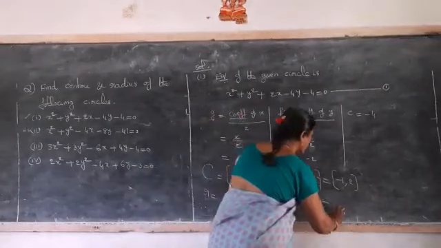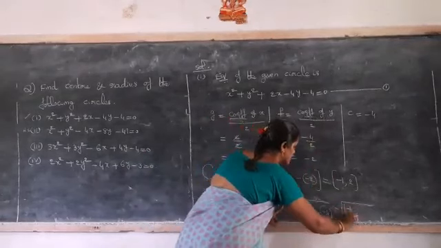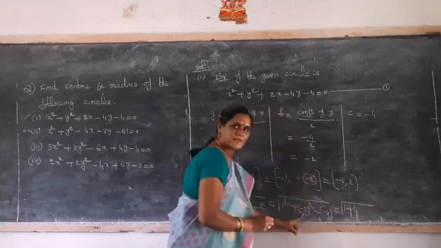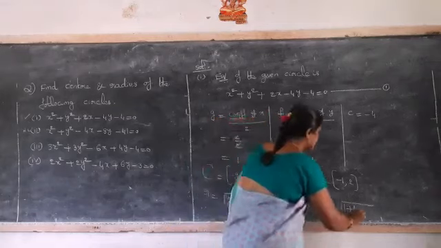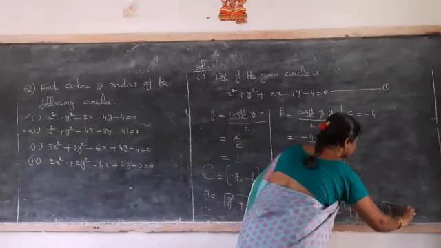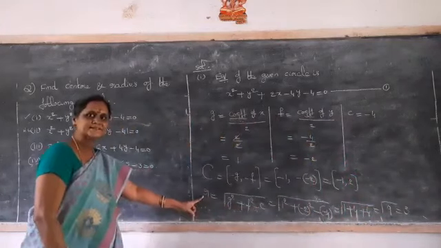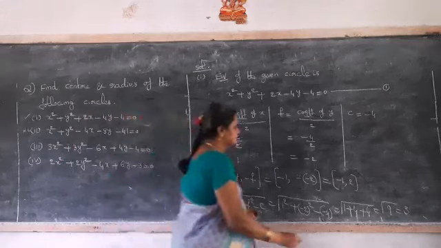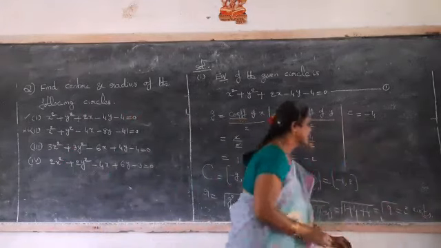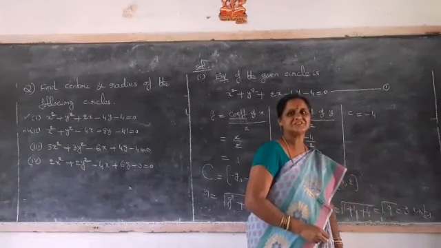So root of 1² which is 1, plus -2 whole square which is 4, minus of -4 which is +4, is equal to root 9 is equal to 3. So anyhow we are finding the radius. Radius means length. That's why here you write units. మనం ఎప్పుడైనా సరే లెంత్ ని మెన్షన్ చేస్తున్నాం అంటే అక్కడ యూనిట్స్ అనేది మెన్షన్ చేయాలి.